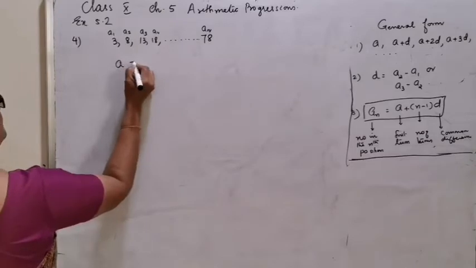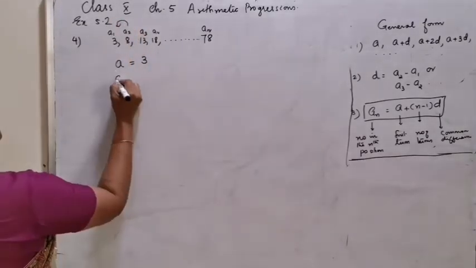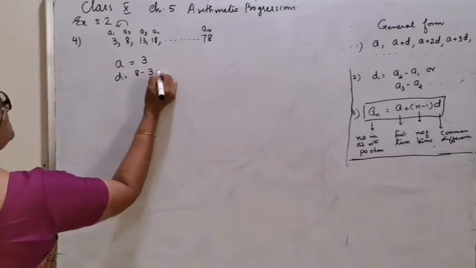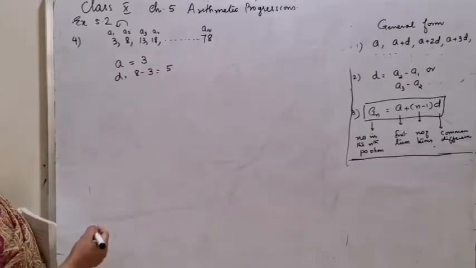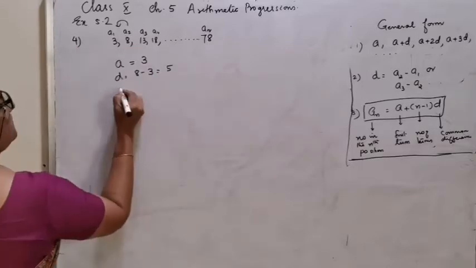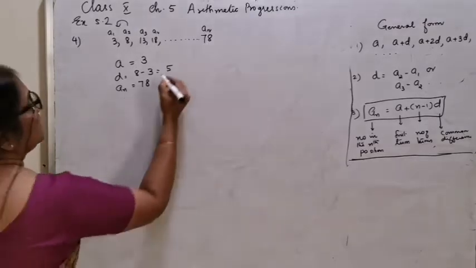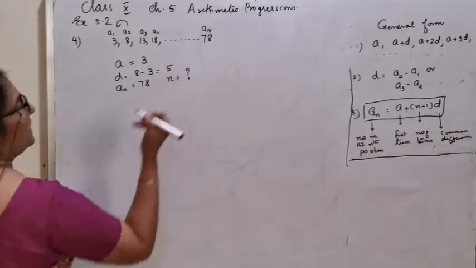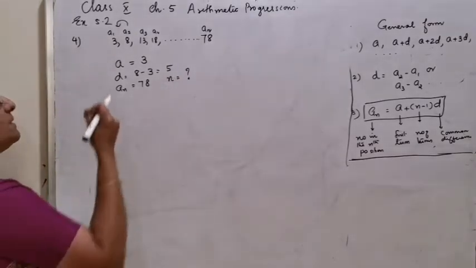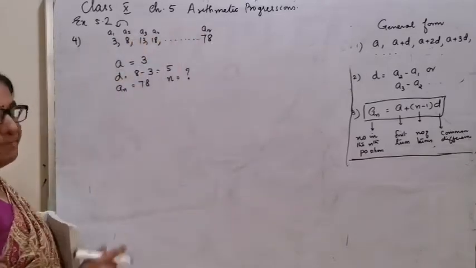So after writing A is equal to 3, D is equal to 8 minus 3, which is equal to 5, and the last term is given as 78. AN is given as 78. You have to find out what is the value of N, or what is the position of 78 in this sequence.